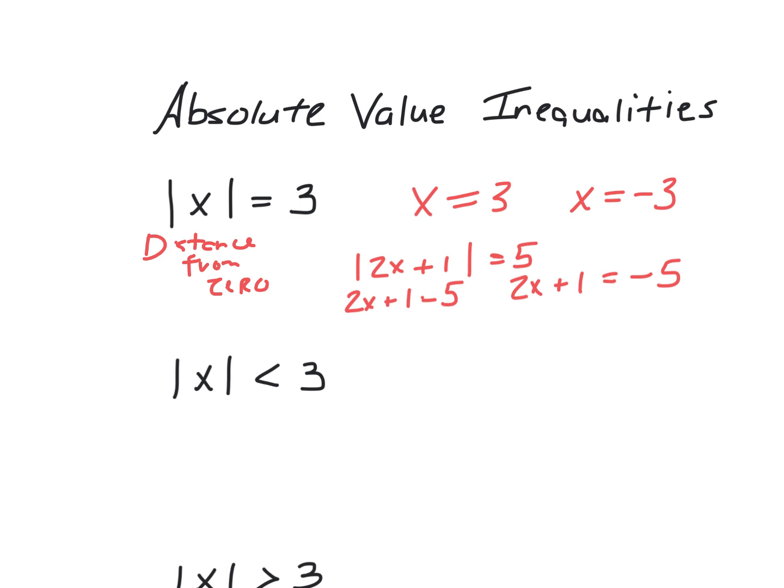When we have the absolute value of x is less than 3, this again means the distance from 0 is less than 3. That means we are talking about everything on a number line between 3 and negative 3.